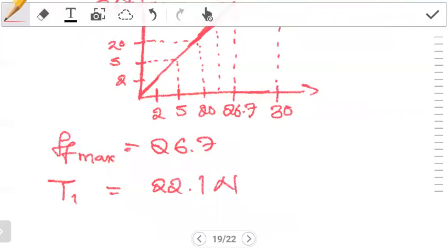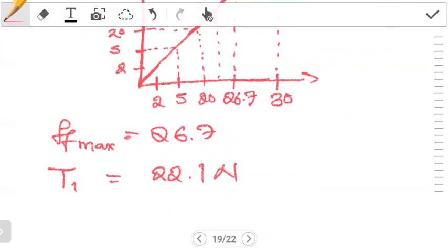Having heard the explanation this time, what is going to be the frictional force that this object will experience? Not the maximum, but the one that it will actually experience if it is to remain in equilibrium. So I hope you guys were able to figure it out now, because the frictional force it is going to experience is going to be equivalent to T1, which is 22.1 newtons.